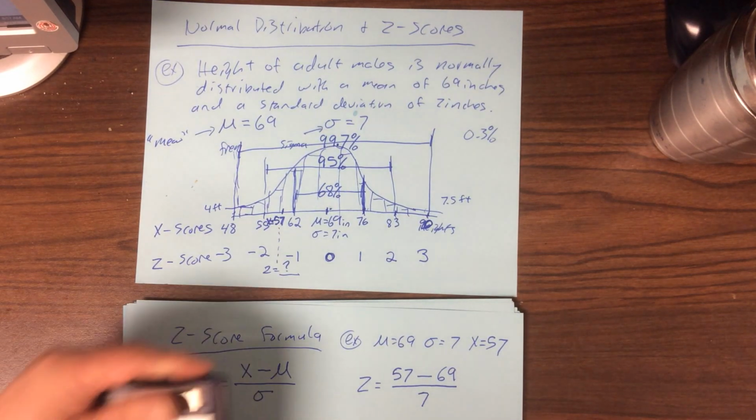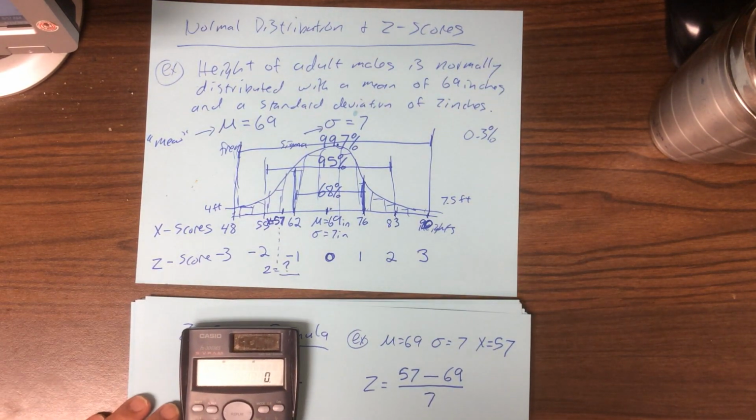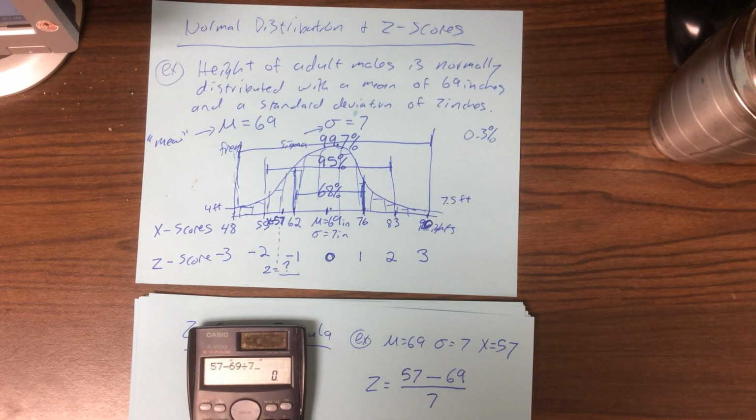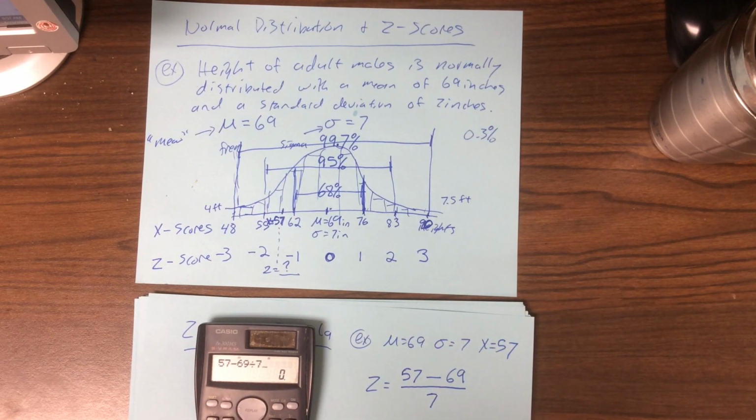When you do this, it's very important that you put it in your calculator right. If I do 57 minus 69 divided by 7, I'm not going to get the right answer, because this is going to take 69 and divide it by 7 first before it does the subtraction. And here you want it to do the subtraction first.